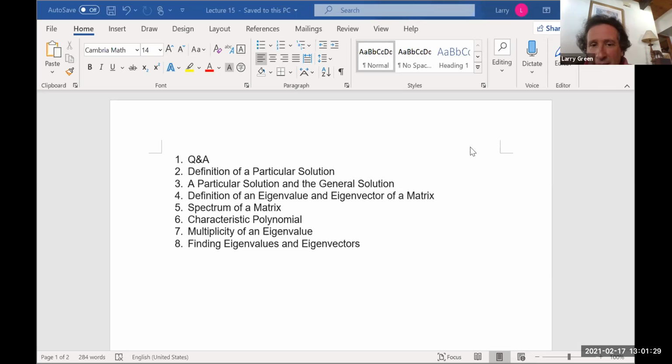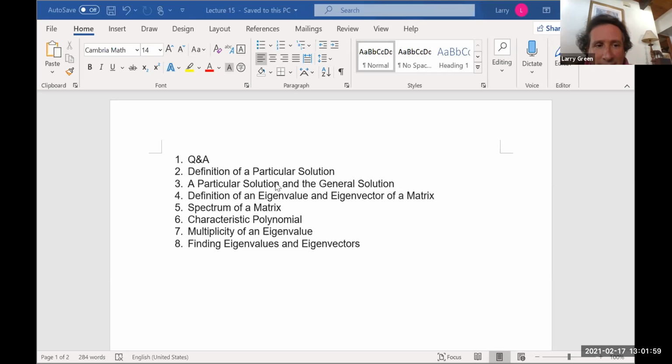So we have been pretty much focused primarily on homogeneous systems, because remember that if you have a homogeneous system, then you can write down the matrix, and then the null space of the matrix is the solution of the system. But sometimes you have a non-homogeneous system, and you still want the solution. And that's where we're going to get into this particular solution idea.